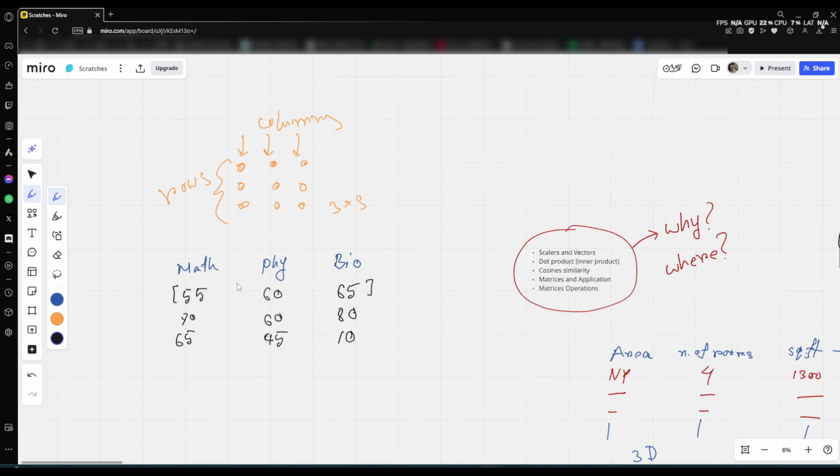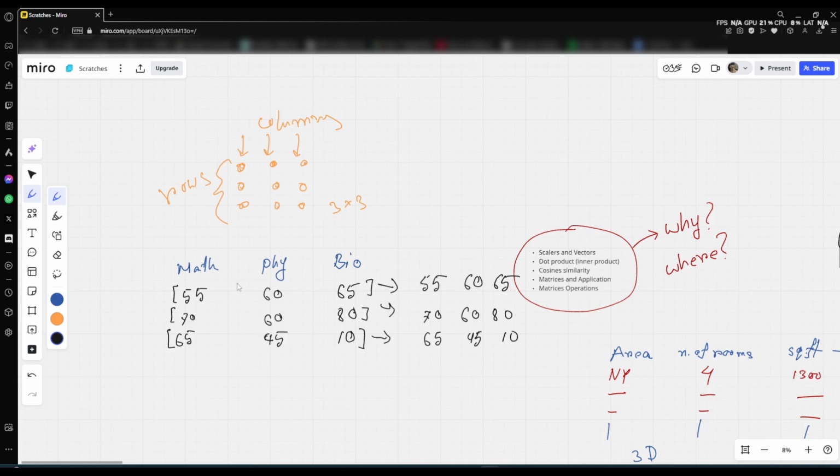You know that this is a collection of numbers, that is a vector. And this will be converted into a matrix. If we convert them into a matrix, it will be like this: 60, 65, 70, 60, 80, 65, 45, 10.